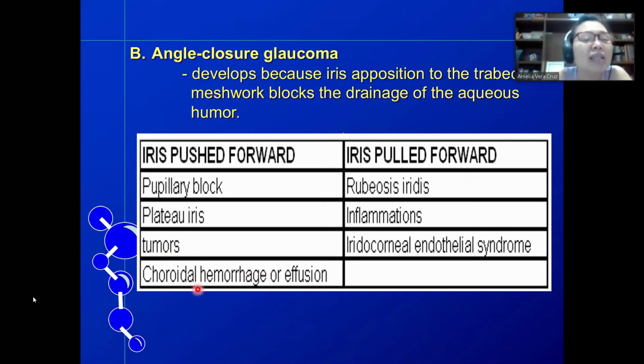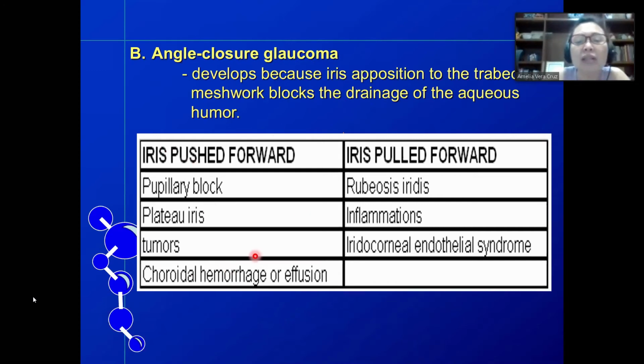Of course, this one, kasi pushed anteriorly ang choroid mo because of the hemorrhage or water underneath your choroid. And of course, this one also will push your iris anteriorly talaga sa may choroid area.